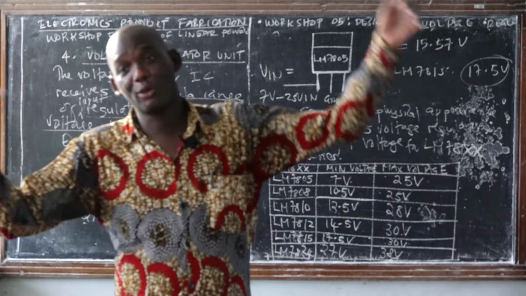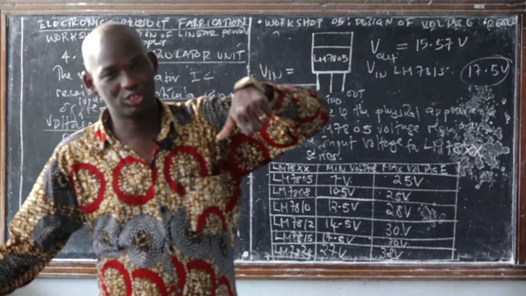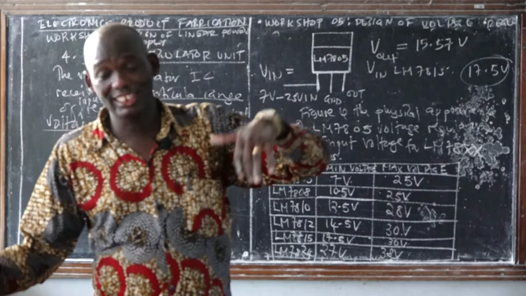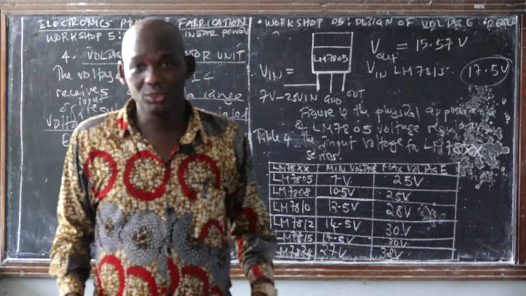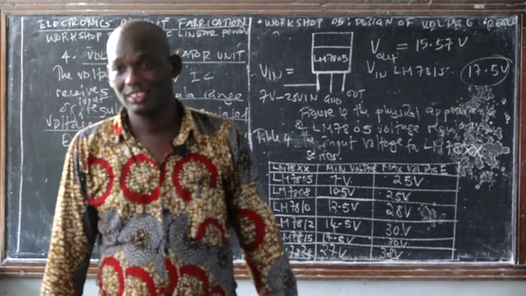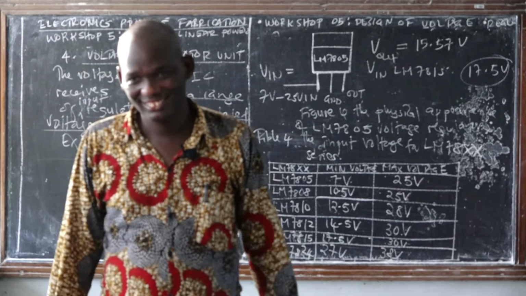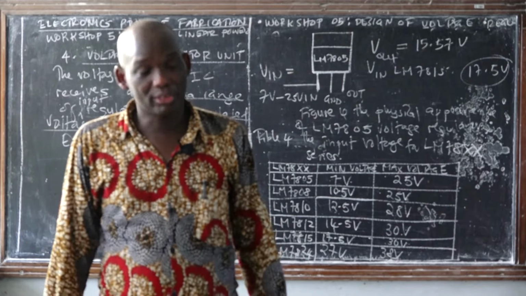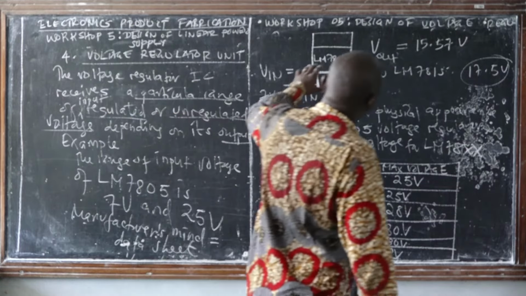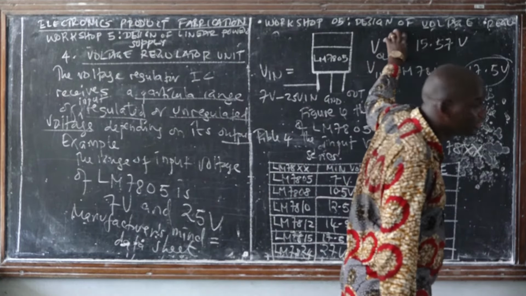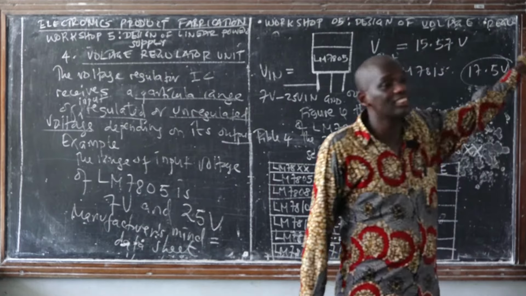So you have to refer to what I taught you in the previous workshop. If you just write from there, you see the situation is difficult, and you will tell me that the linear power supply cannot be designed, because you just claimed the output voltage of the filter unit is always 15.57.